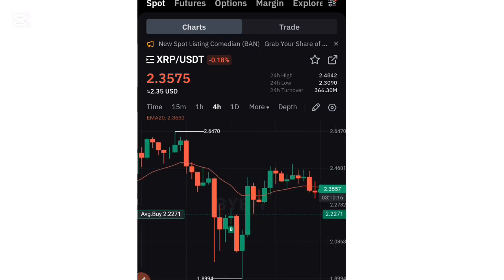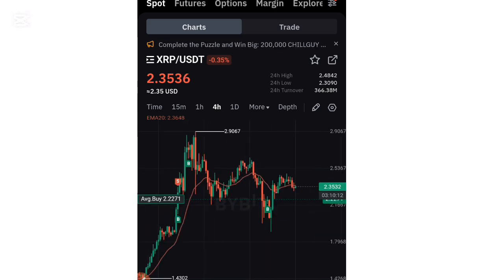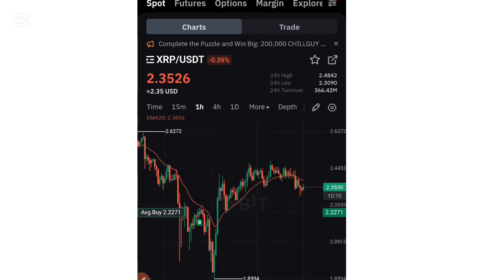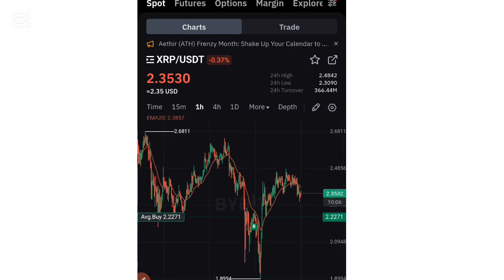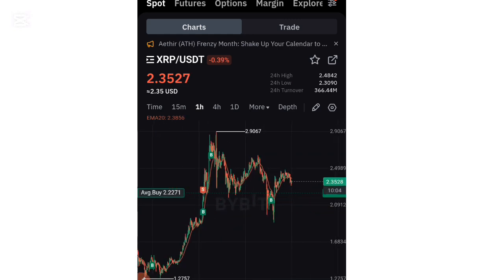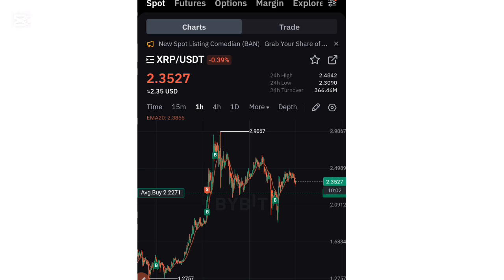In the 4 hours time frame, each candlestick represents 4 hours. In the 1 hour time frame, each candlestick represents 1 hour. So this is where we check where we can get a good entry, where we can enter the trade, where we can execute our trade.